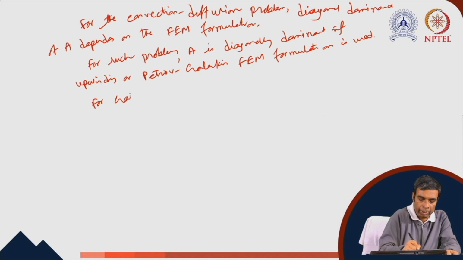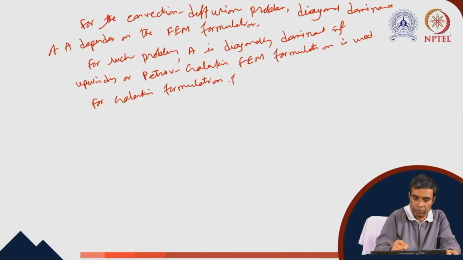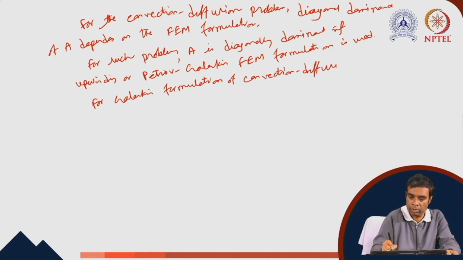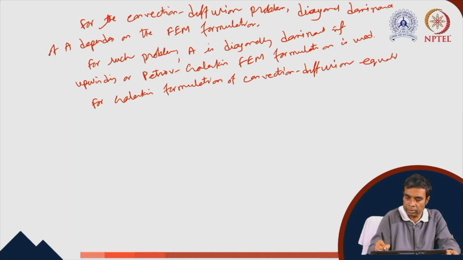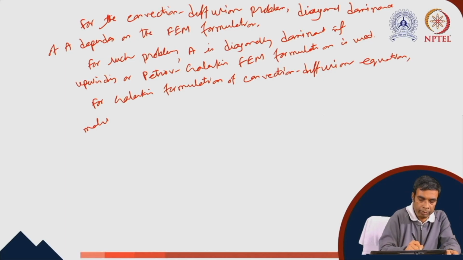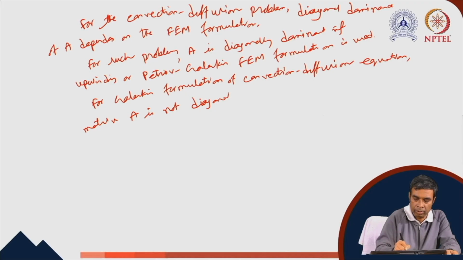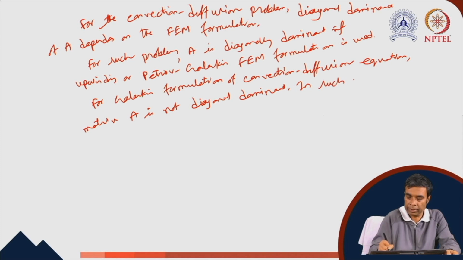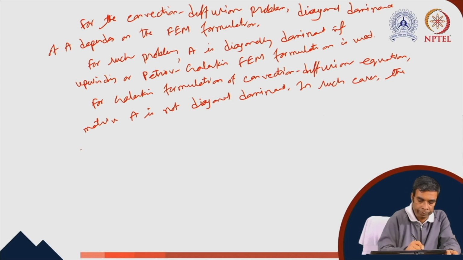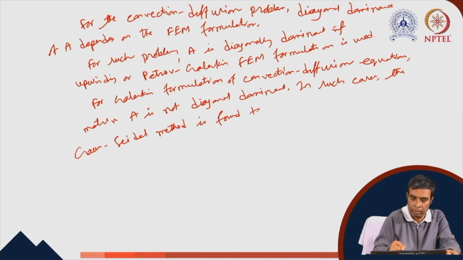For Galerkin formulation of convection diffusion equation, matrix A is not diagonal dominant, in such cases the Gauss-Seidel method is found to diverge.